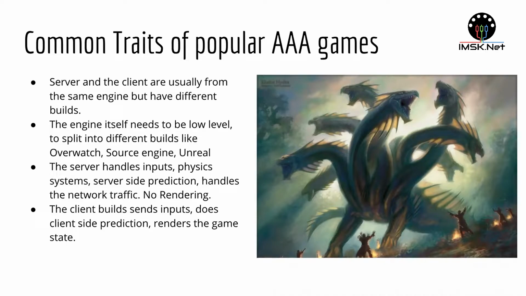So this is how an Overwatch system usually works. As you can see, most of the core will be the same, but different builds will be taken from the same engine. The client sends input, does the client side prediction, renders the game. The server build basically handles the physics systems, and the server side prediction handles the network traffic. No rendering will be there. This is the common trait that you usually find with any AAA games that you have played recently.